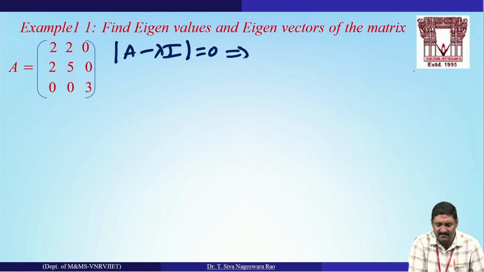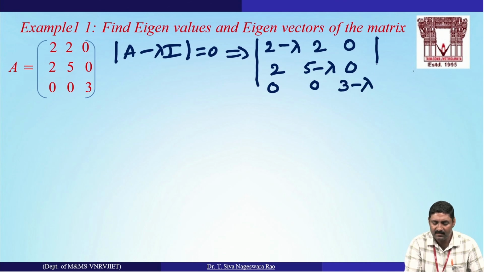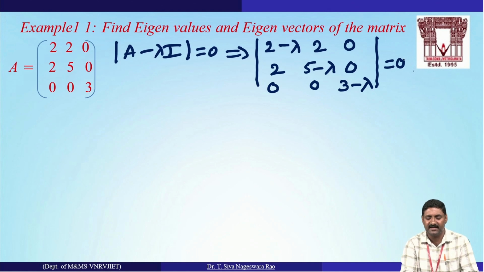This implies the determinant of [2 minus lambda, 2, 0; 2, 5 minus lambda, 0; 0, 0, 3 minus lambda] is equal to 0. That means I am taking the determinant of the characteristic matrix equal to 0.